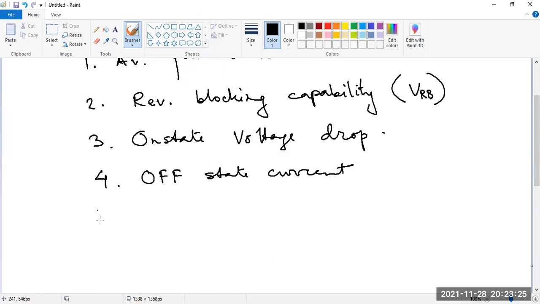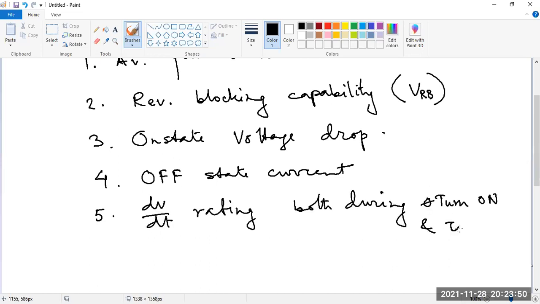So another thing I have already mentioned, that is the DVDT rating. Okay, so DVDT rating is mentioned both for turn on and turn off. And number 6 is the normal I square R rating.